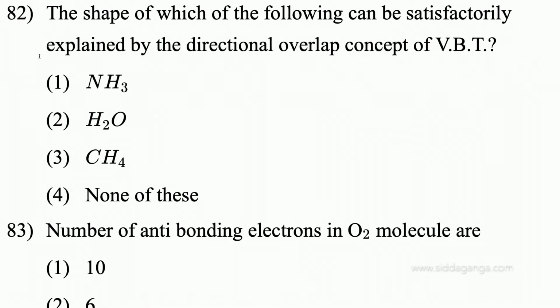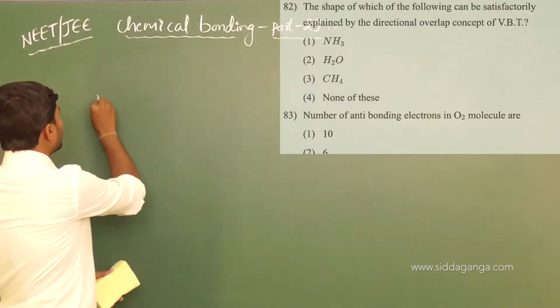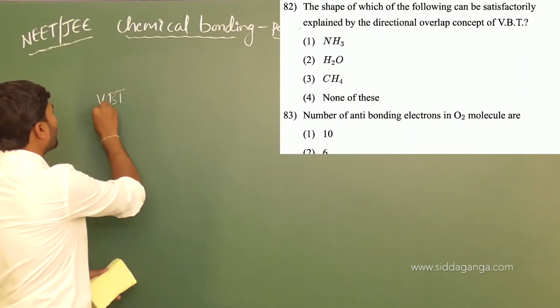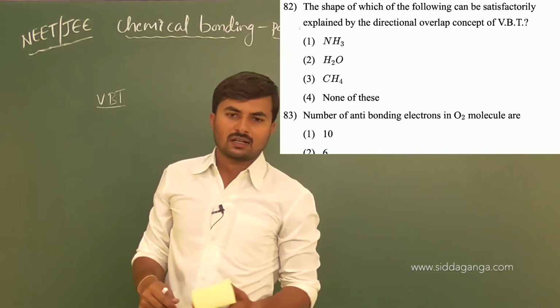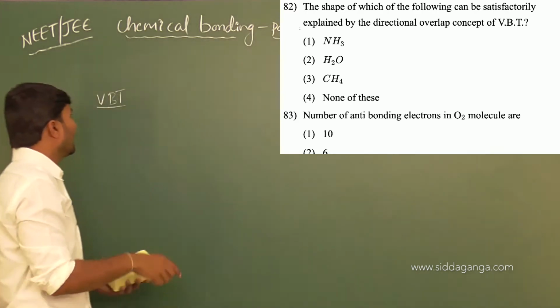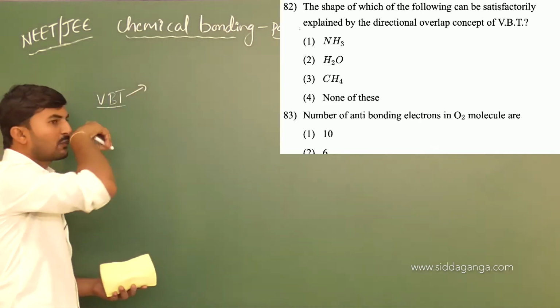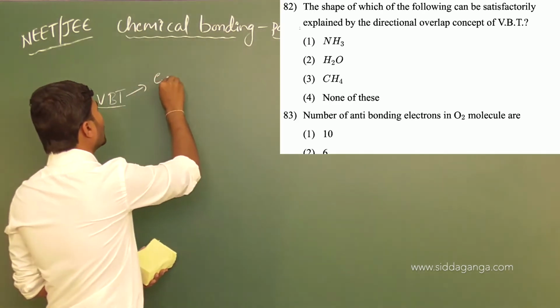The next question is, the shape of which of the following can be satisfactorily explained by the directional overlap concept of VBT? I have said in class that VBT is responsible for the geometry of the molecule.